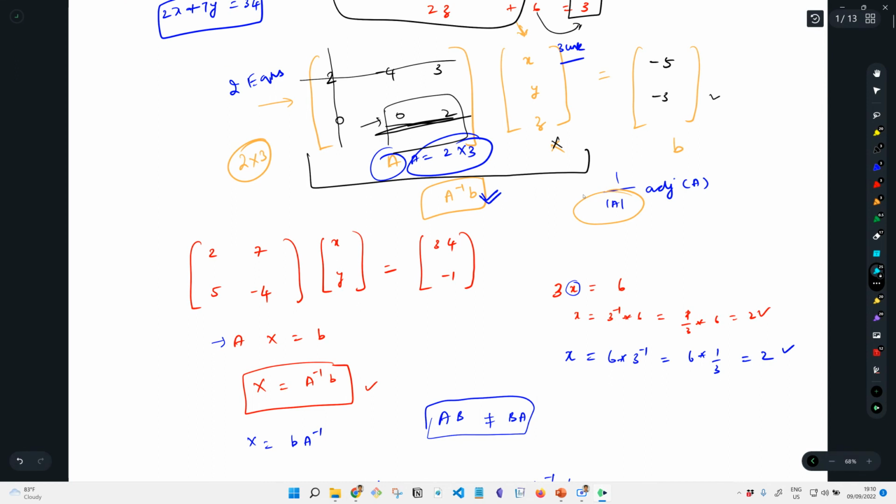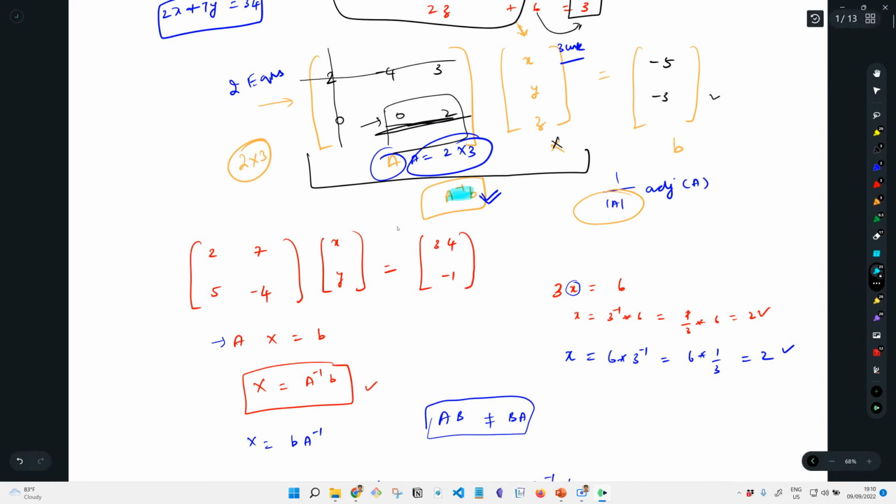This left multiplication is very important because matrix multiplication is not commutative. We saw that you can obtain the solution x = A inverse b, but this is not always possible in two cases. One, when A is not a square matrix; other, when the determinant of A is equal to 0. In both these cases you cannot use this solution approach.